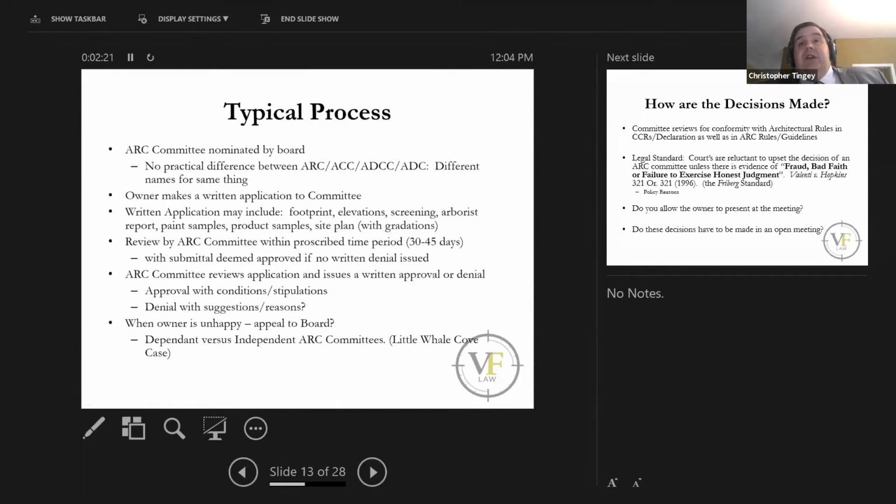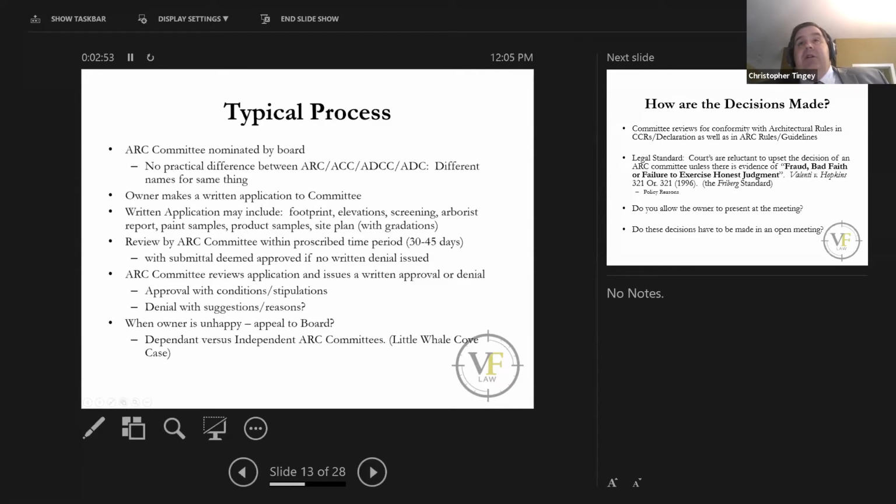Whether it's the committee chair or not is irrelevant. Some documents allow you to bring in outsiders for pay, architects, engineers, things like that. So it's really document driven, but that's the process for getting the ARC put together and have the people you need in place to review applications from owners.